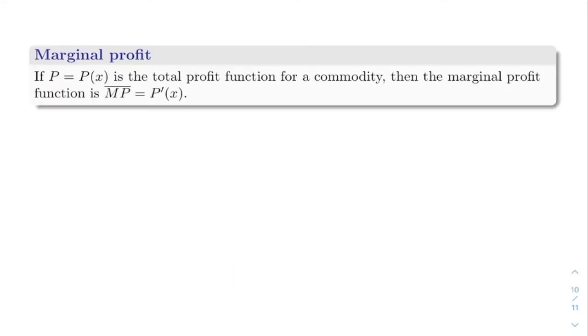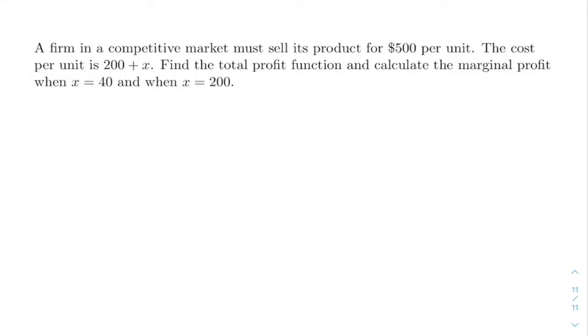So the same with revenue and cost, the marginal profit will be the derivative of the total profit function. So let's see this with an example. Let's suppose now that we are working with a competitive market, so we must sell our products for $500 per unit.